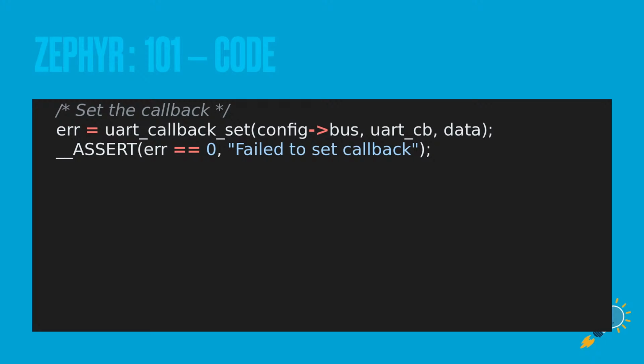So this is the crux of everything, making sure that you've set it correctly. The first argument there is the pointer to the bus, to the device, and the second is the callback, and then the last parameter is just a void pointer, so you can provide any context data you want into it. When that callback is called, that pointer is given to you as an option, and you can use it for whatever you want to do.